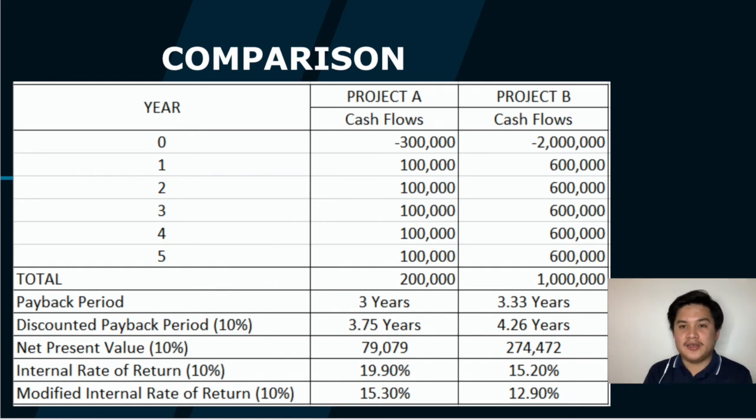So, in conclusion, each of the capital budgeting methods outlined has advantages and disadvantages. The payback period is simple and shows the liquidity of the investment, but it doesn't account for the time value of money or the value of cash flows received after the payback period.